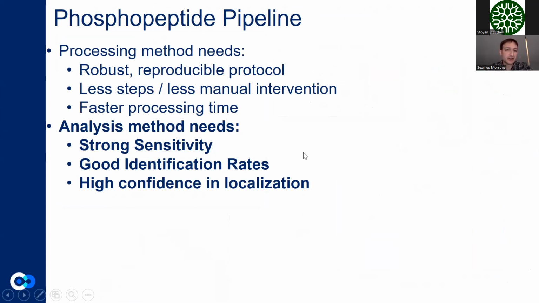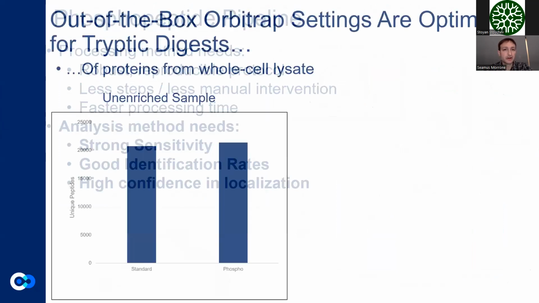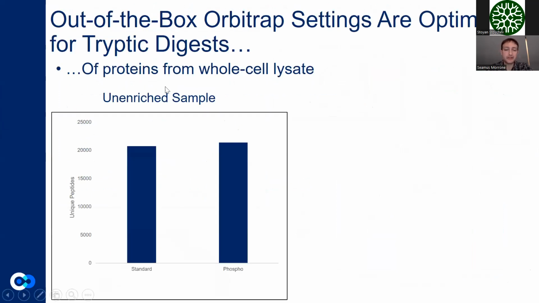So on the analysis side, as I mentioned, it needs a few details, and we need to optimize several parameters, because if you're just using a standard method that Thermo provides when you begin an instrument method, there's standard settings that you can optimize for whole tryptic digest of cells.